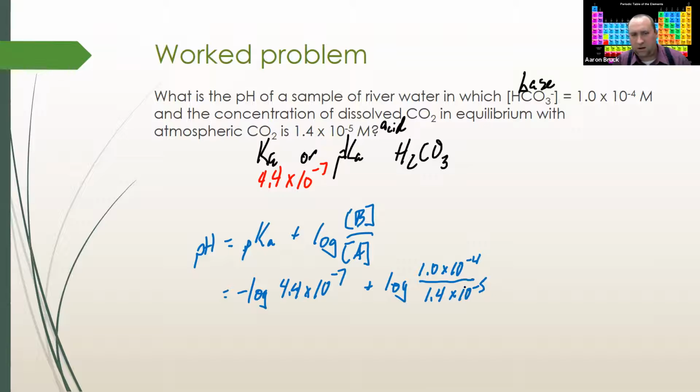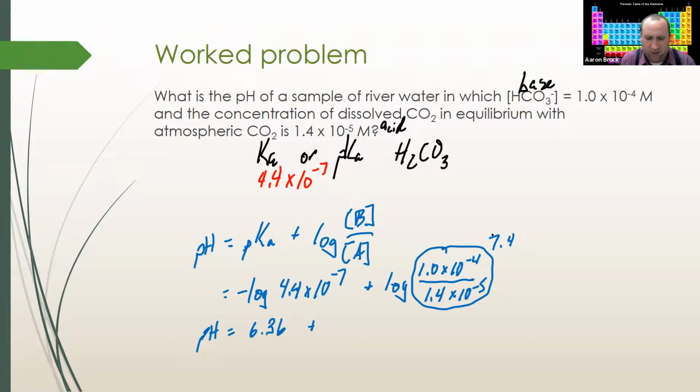So getting out your calculator here, the pKa, the negative log of 4.4 times 10 to the negative 7th, is 6.36 for carbonic acid. 1 times 10 to the negative 4th divided by 1.4 times 10 to the negative 5th is 7.14 for this value here inside of the parentheses.